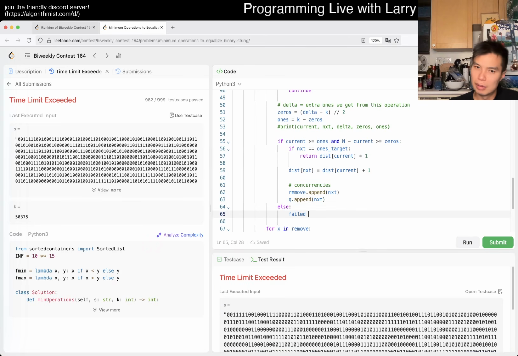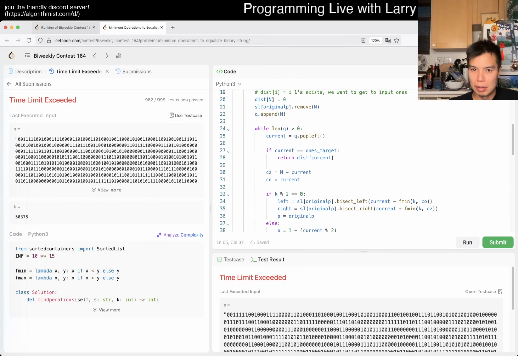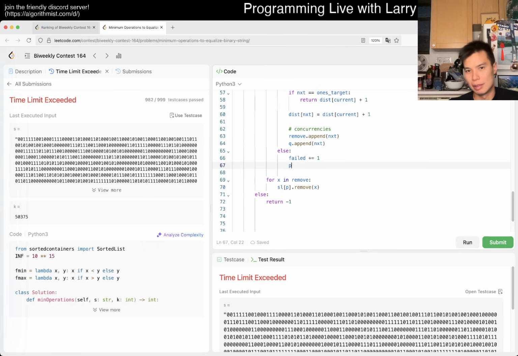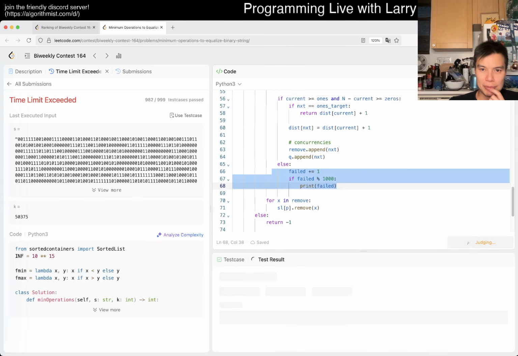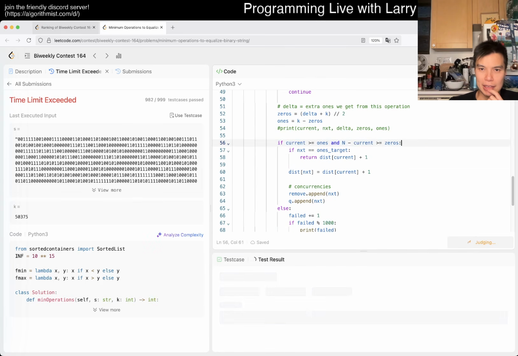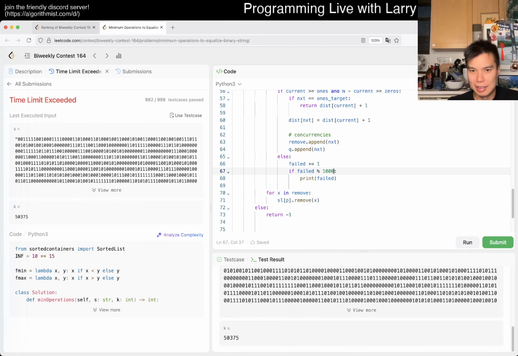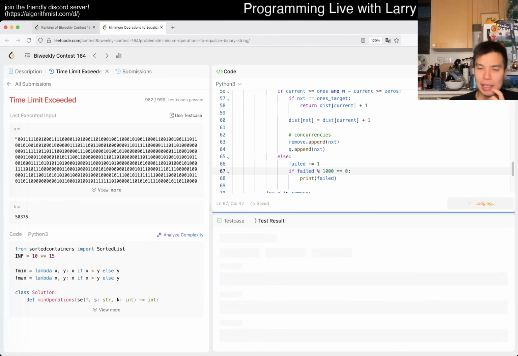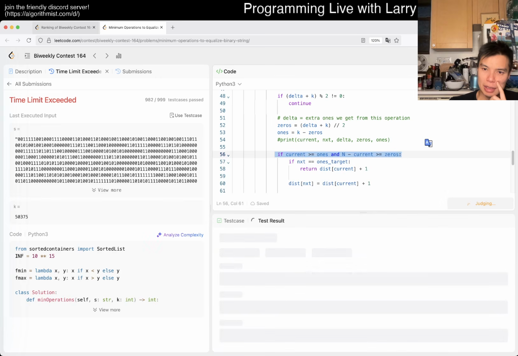I don't know how to print it though before time limits. Maybe something like this. Like, how many times does it fail? Then we have to figure out how to optimize this, if that's the case, or is it something else? And of course, I suck at programming. I know that I fail sometimes, but I think maybe that's why. Maybe I have to figure out how to binary search on this a little bit better.